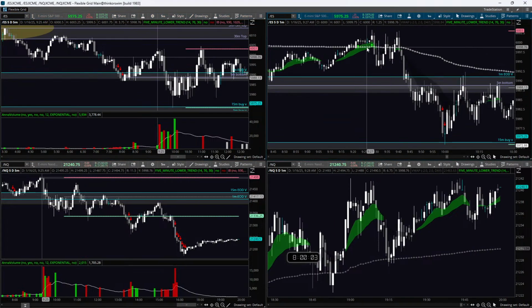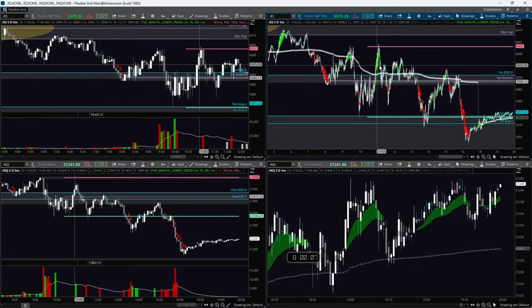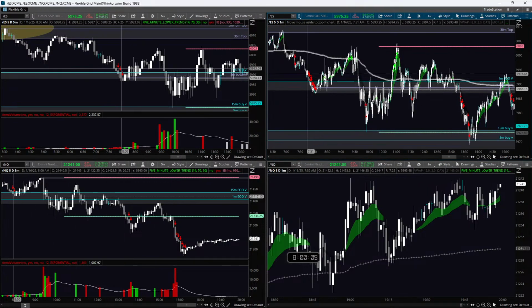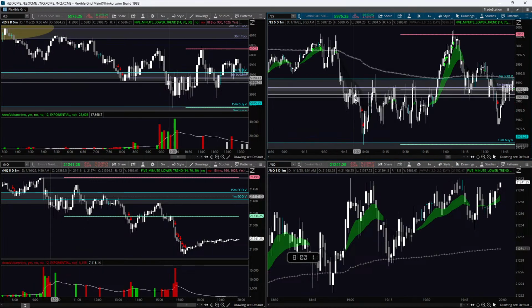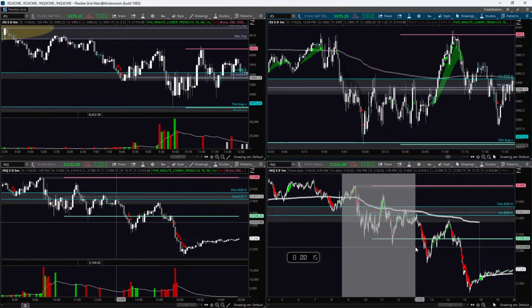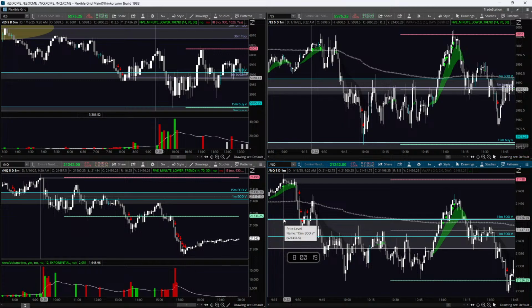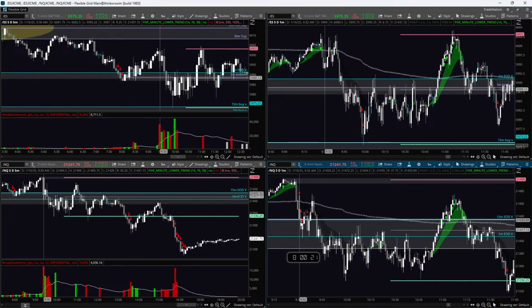I like this RSI that came out of nowhere. All right, on the 1 minute, and we dropped. Now, do we have something similar here? Right here, we got an RSI, and we dropped.